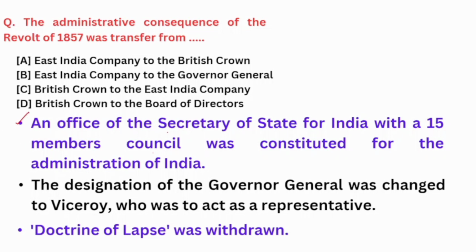An office of the Secretary of State for India with a 15-member council was constituted for the administration of India. The designation of the Governor General was changed to Viceroy, who was to act as a representative. And the last one, doctrine of lapse was withdrawn.